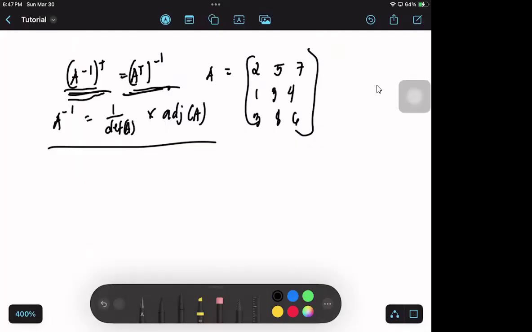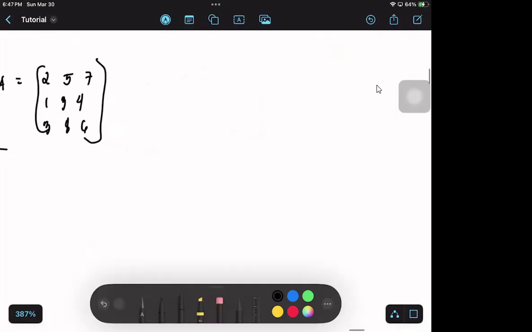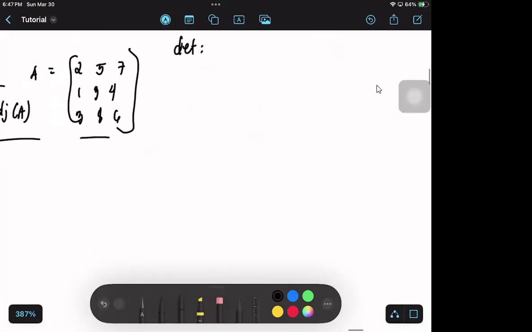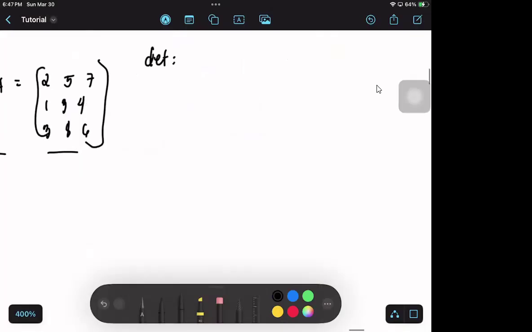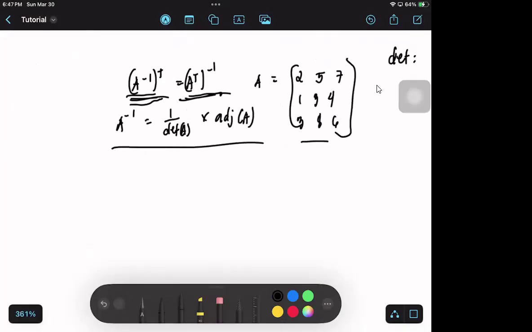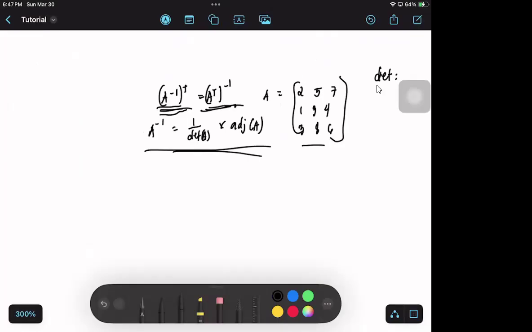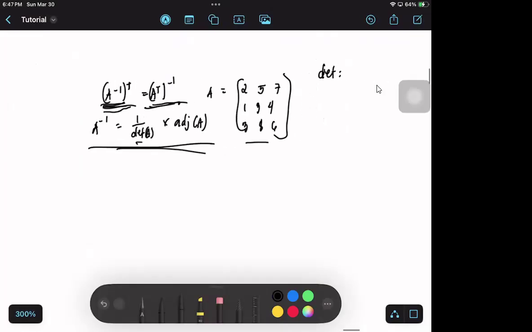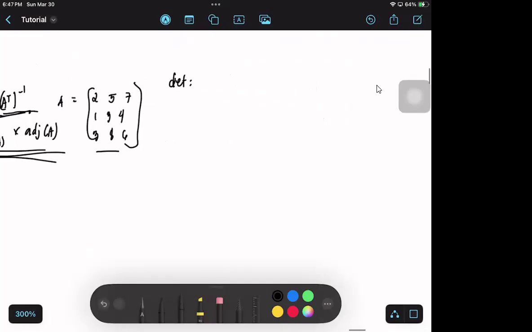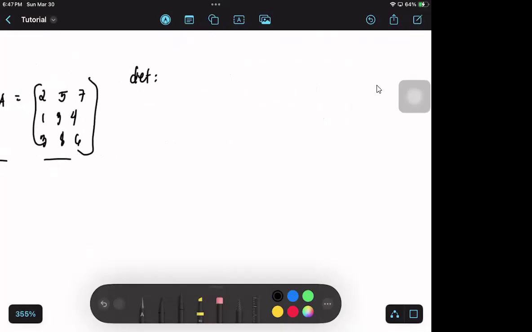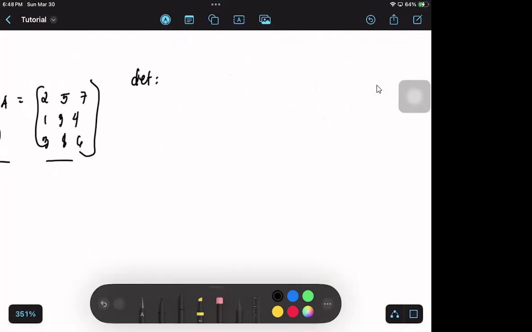So now we'll begin to calculate the determinant and the adjoint for this matrix A. We'll get it for the first row only, since if you calculate the second row and third row, it will be the same thing. It will still equate to the same answer in the latter part.